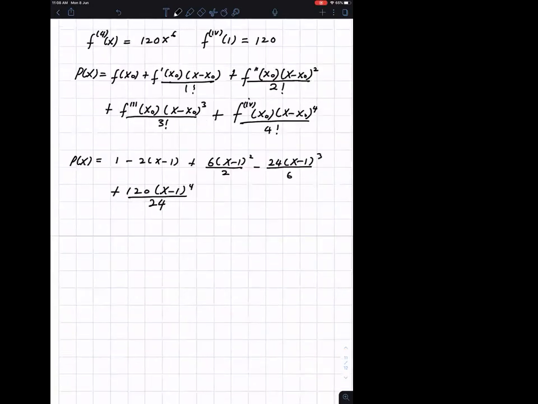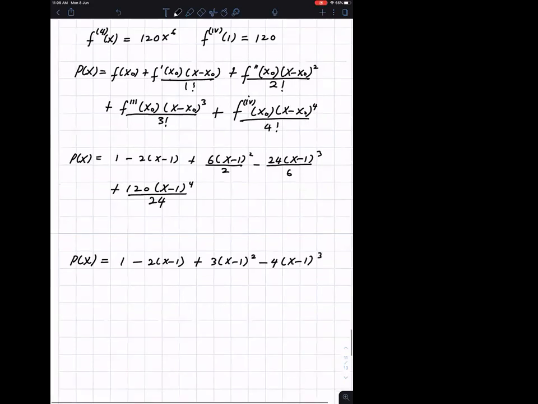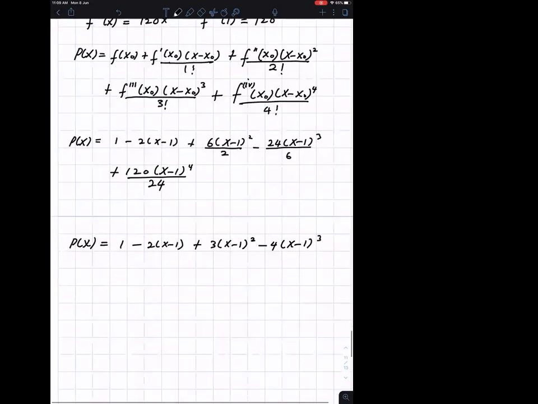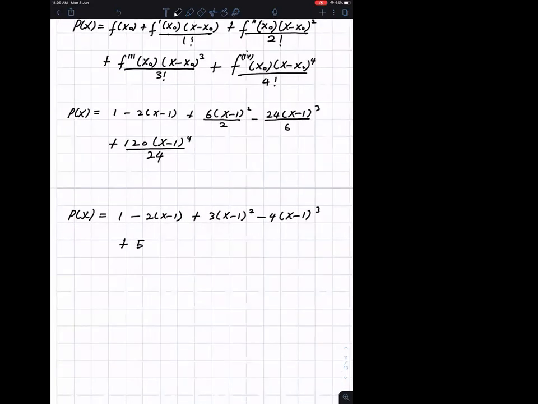If you simplify them, you get 1 minus 2(x minus 1) plus 3(x minus 1) squared minus 4(x minus 1) cubed plus, 120 divided by 24 is 5, (x minus 1) to the power of 4.